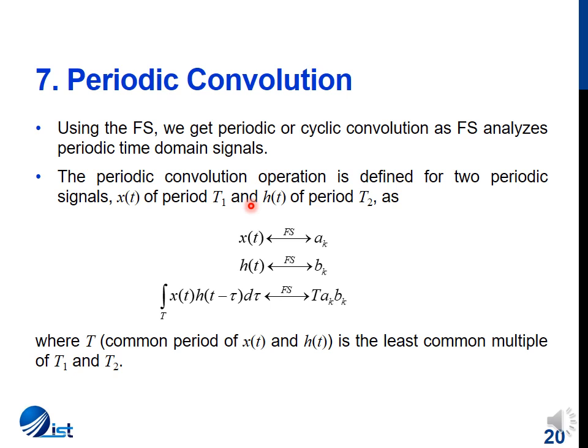If x of t and h of t are two periodic signals with Fourier series coefficients given as a of k and b of k, and we convolve both these signals together, then the Fourier series coefficients for these signals get multiplied to each other, and they also get multiplied by the constant T, where if both the signals have the same period, then T is the common period. Otherwise, if the signals do not have the same period, then T is the LCM of T1 and T2.